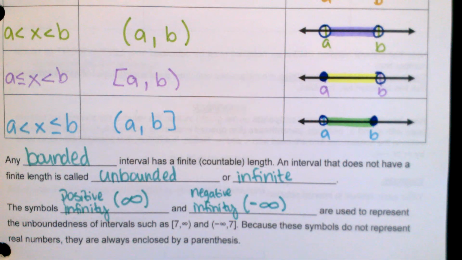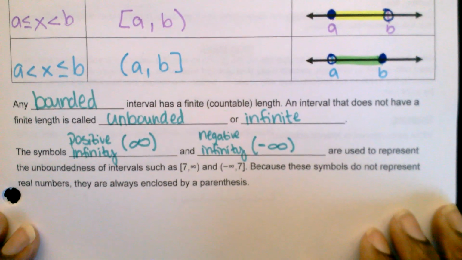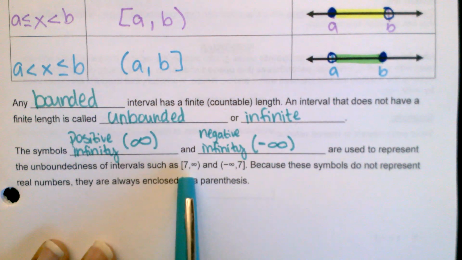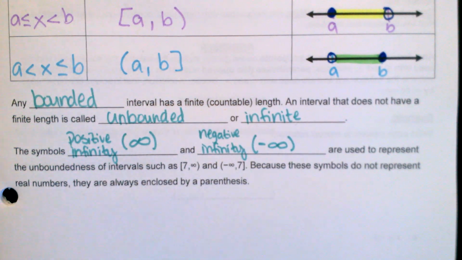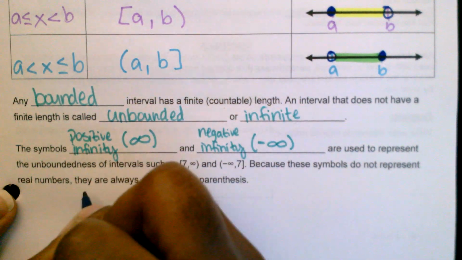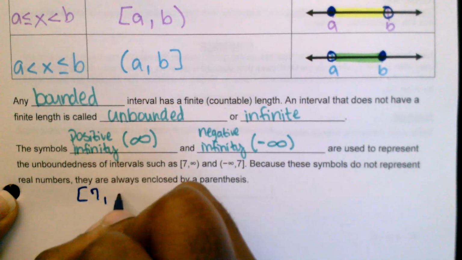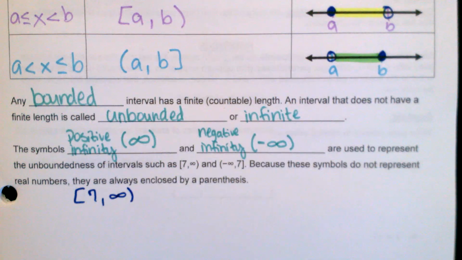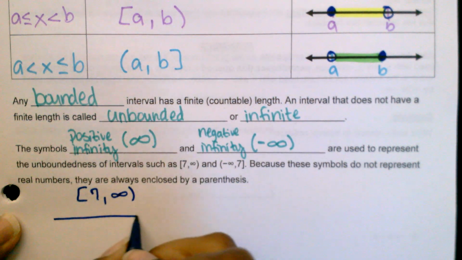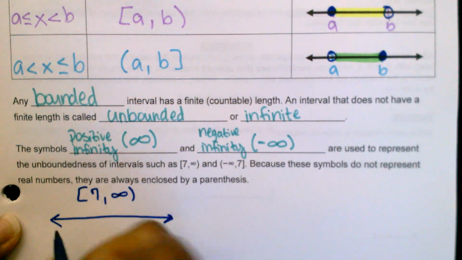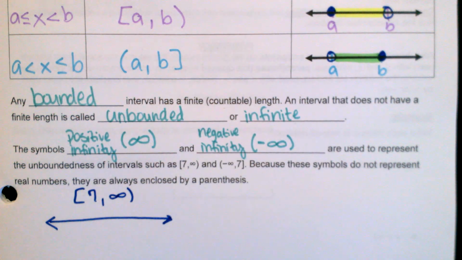So, for instance, let's say we have bracket 7 to positive infinity. I'm going to graph this. I'm going to show you what it looks like. If I am using a number line, my endpoint is 7.